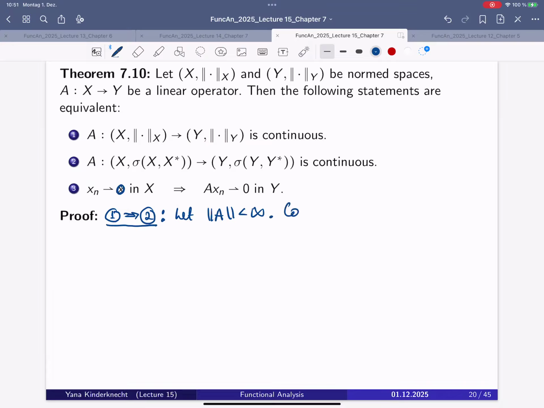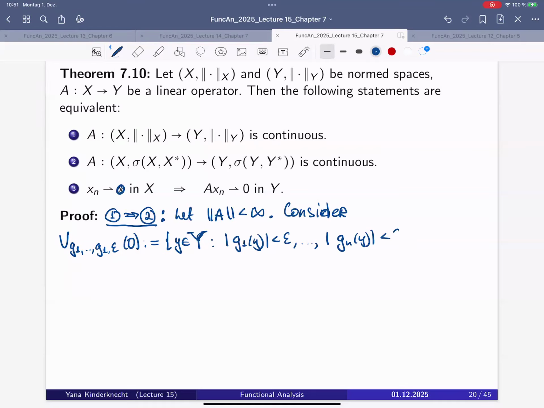So consider the following neighborhood of zero in the weak topology. This will be a neighborhood of zero in Y, that is, the set of points y in the space Y such that the absolute value of g1 of y is smaller than epsilon, and so on, the absolute value of gn of y is smaller than epsilon.